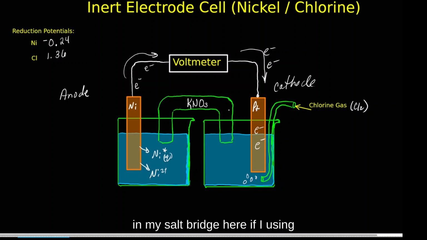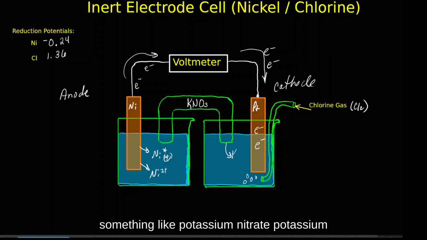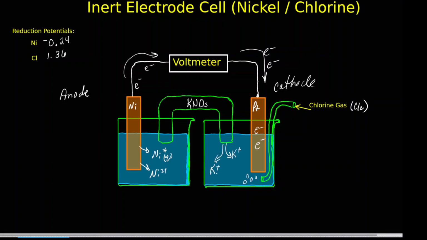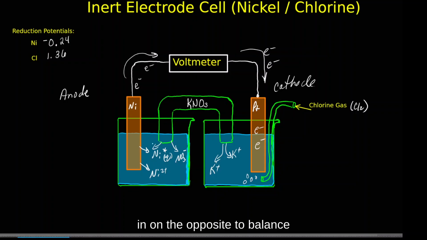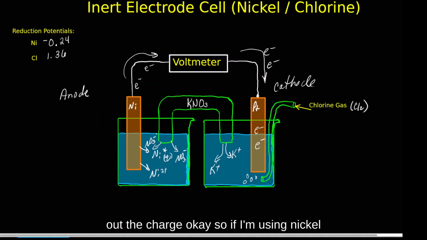Okay, my salt bridge here, if I'm using something like potassium nitrate, potassium ions will have to be entering, and I would have to have nitrates coming in on the opposite side to balance out the charge.